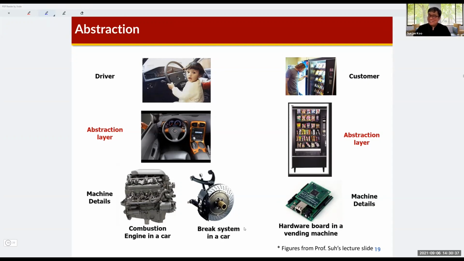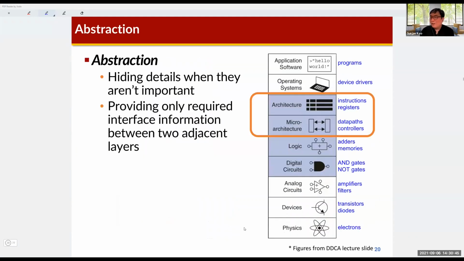Why is this important in computer systems? Because computer systems are actually very complex. Computer systems are composed of many layers and many components.